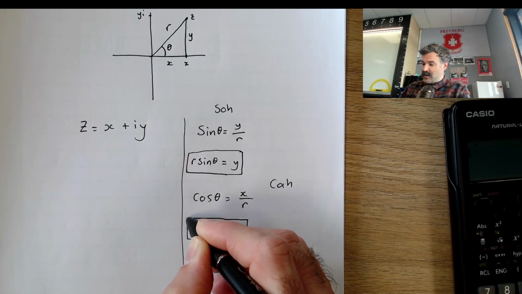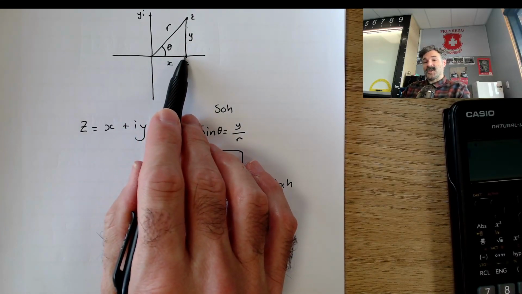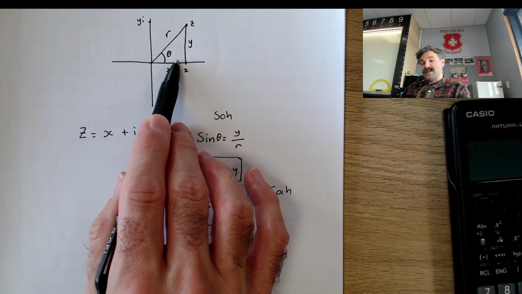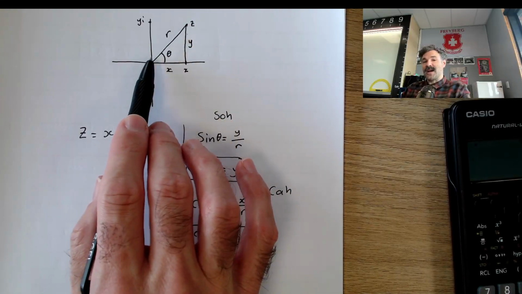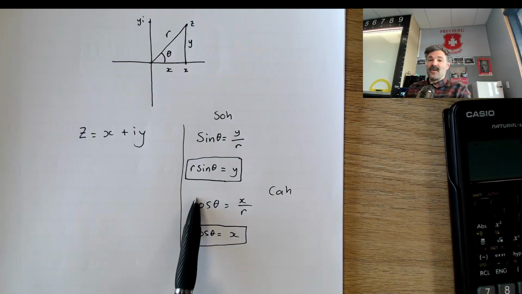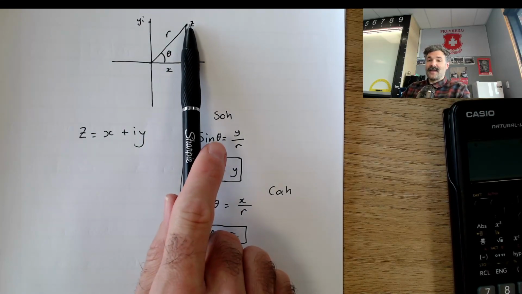So again, that length x could be calculated in terms of a right-angled triangle using cos of the angle equal to x over r, and multiplying by r, we end up with x equal to r cos theta. So it's another way to think about that length and that length.